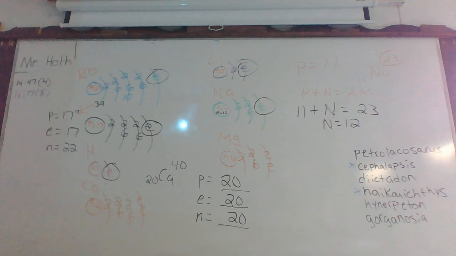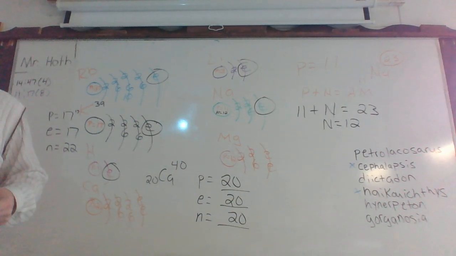So, the column that it falls into tells you how many valence electrons it has. But we have to skip that D block. So someone pick a number between 5 and 10. 7. Okay. Nitrogen.